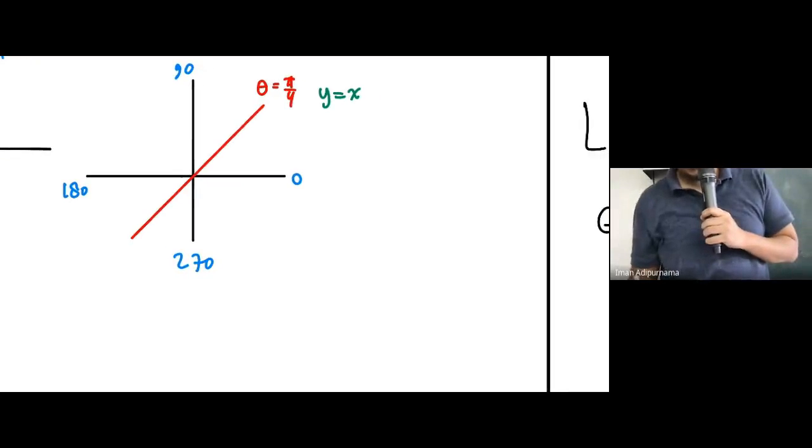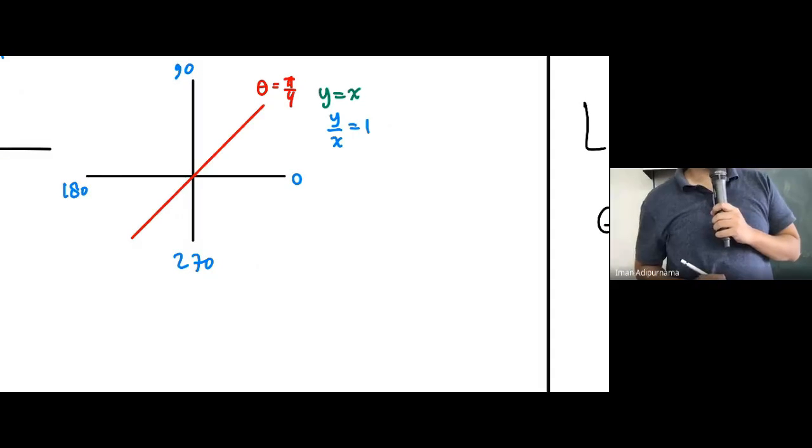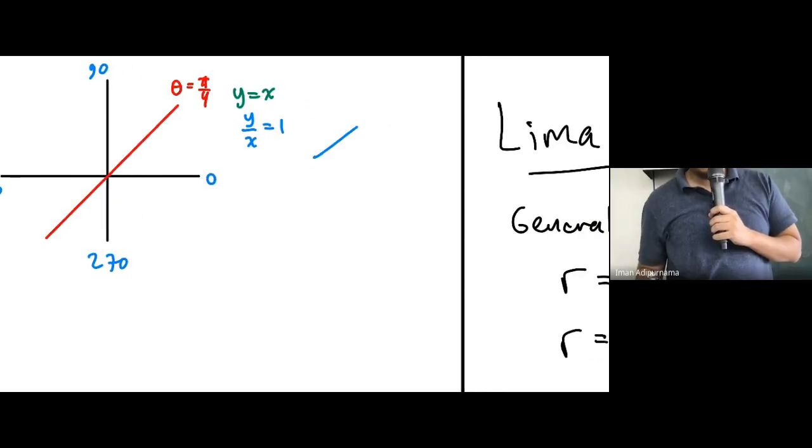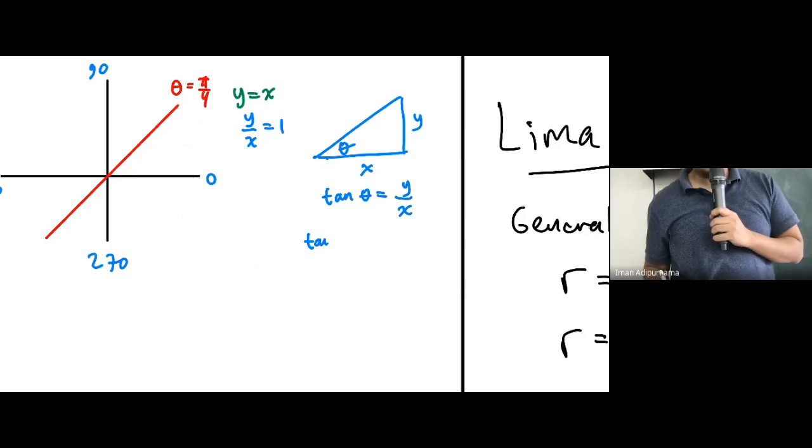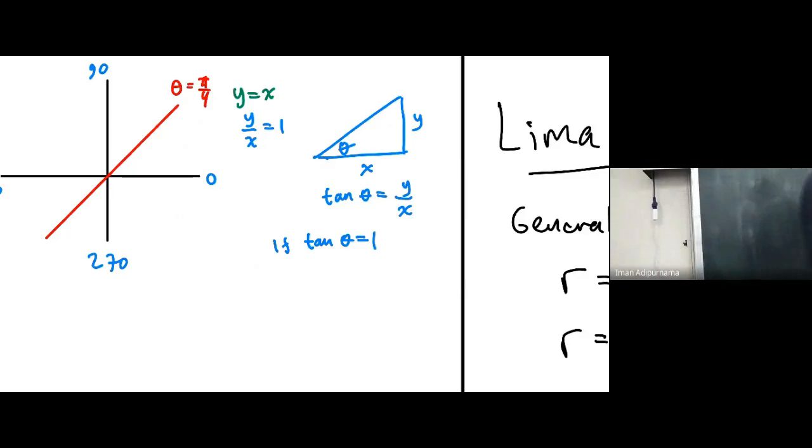So y over x is equal 1, right? I have theta here. This is y, this is x. I have tangent theta is y over x. If tangent theta is 1, then theta is 45.